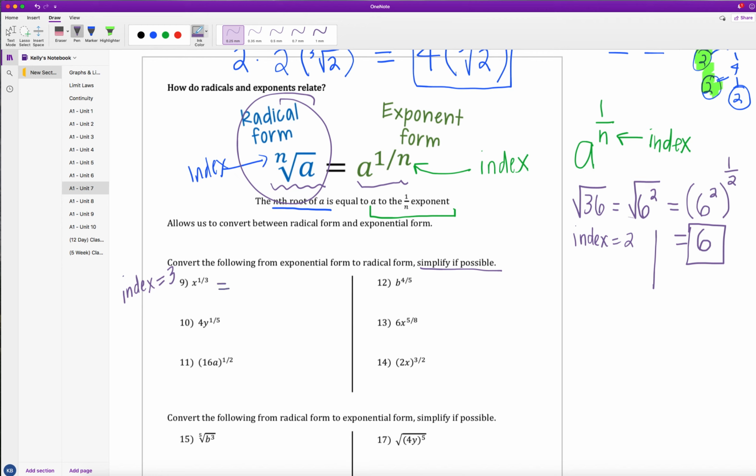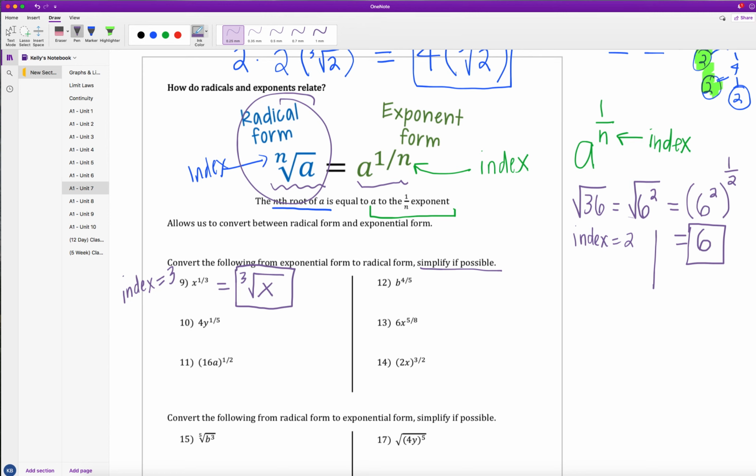I can rewrite this in radical form by, instead of having the 1/3 exponent, I can replace that with a cube root. And since the x was the base of the exponent, the x then becomes the radicand, or the stuff inside the radical. And that would be our final answer. So we're not solving in these, we're just rewriting them from one form to the other. Let's look at example 10.